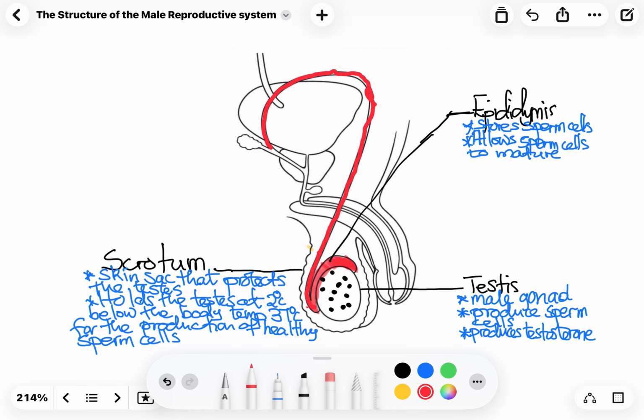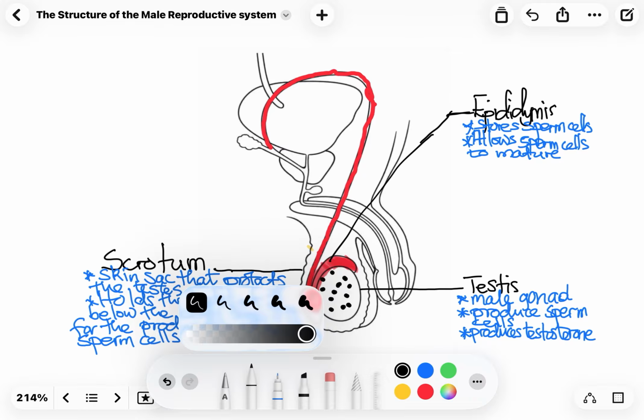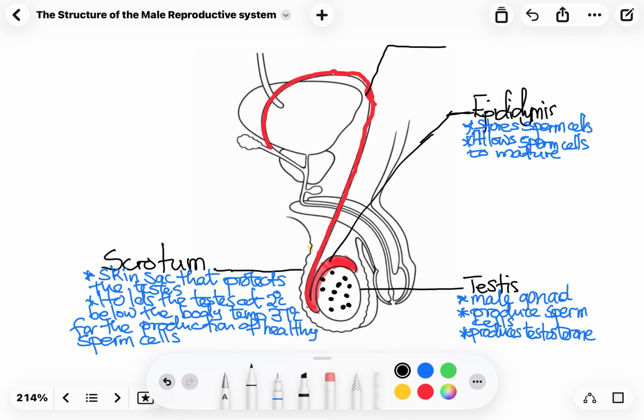Let's now identify this tube. This tube is called the vas deferens, or the sperm duct. But I usually encourage my learners to use vas deferens. So that's the sperm duct.